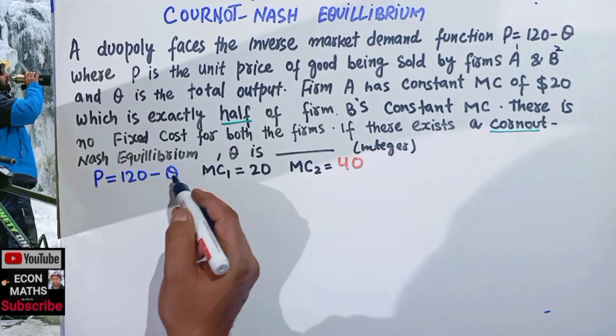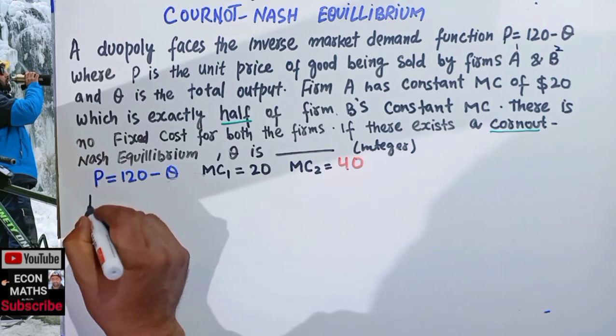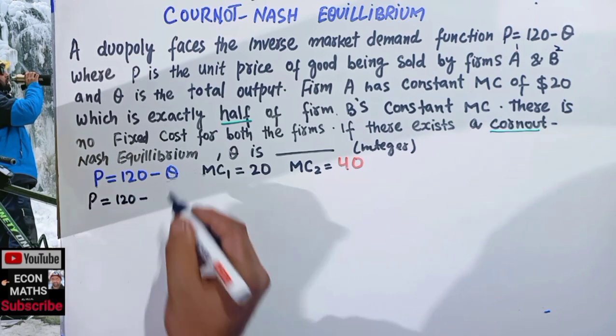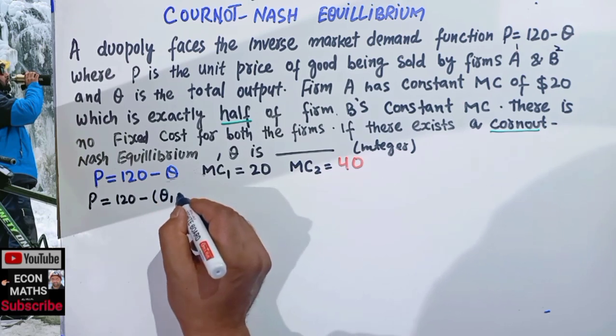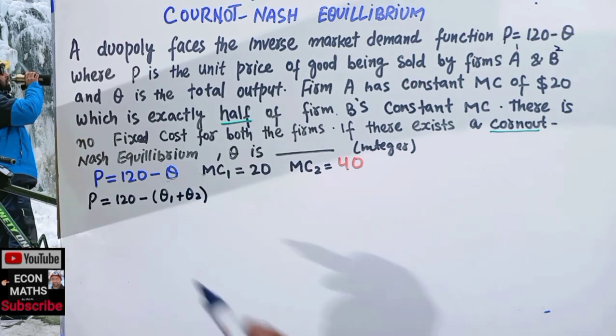Given this inverse demand function, Q denotes the total output. Let us rewrite it. P will be equal to 120 minus, since Q is the total output, we can write it as Q1, output of firm 1, plus Q2, output of firm 2. That means Q1 plus Q2 will add up to Q.